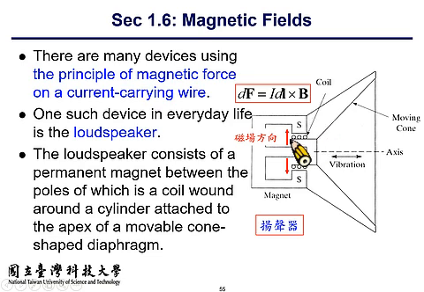This is a cross-section view, and in the middle is the coil, the wire loop. The direction of the wire is winding continuously into and out of the screen, and the coil is attached to a membrane to form the so-called speaker.